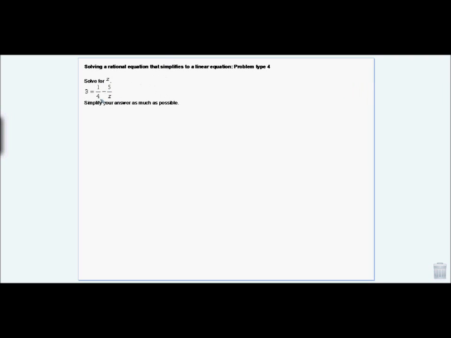Sometimes they're not even as complicated. We have 3 is equal to 1/4 minus 5 over z. Now there's a couple ways we can approach this as well.